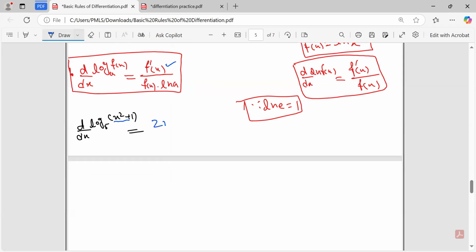So it will be 2x plus 0 in the numerator, divided by f of x times ln of the base, which is 5. So our answer will be 2x over x square plus 1 times ln of 5.